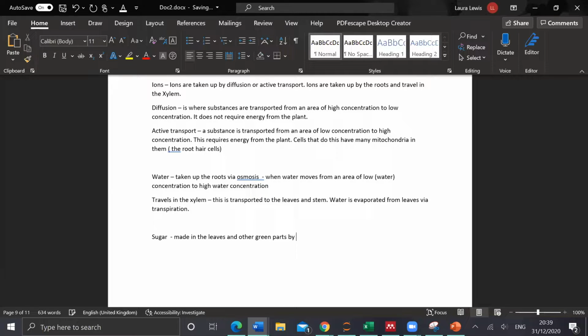By photosynthesis, glucose is made. It travels in the phloem to other parts of the plant, for storage or other organs. It's funny to call them plant organs, but they are.